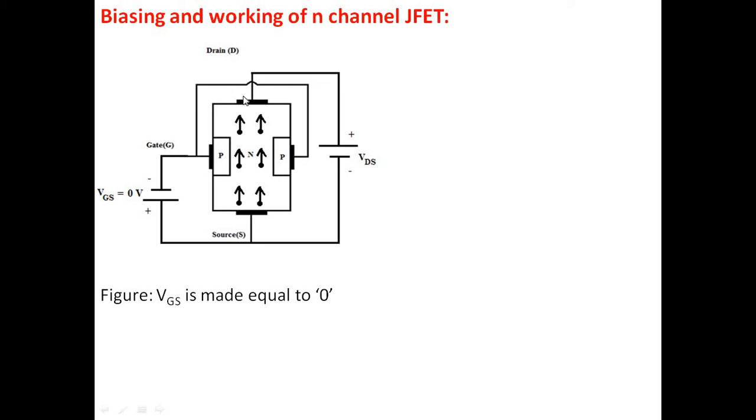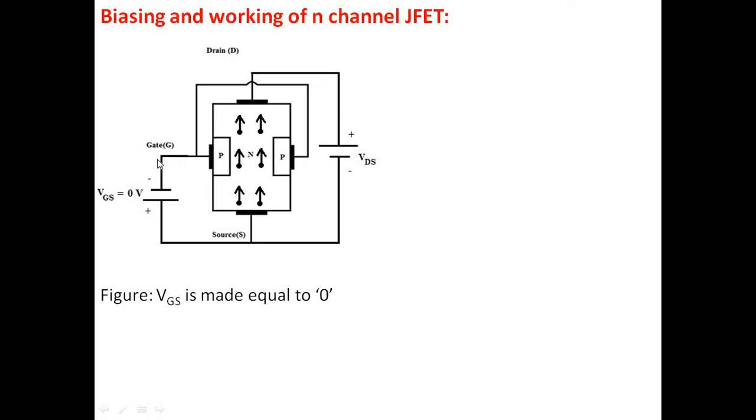If they are to be attracted towards the drain, certainly the drain has to be connected to the positive. Then only the negatively charged electrons will be attracted towards the drain. By default, the other terminal we need to connect to the negative. This is a very simple biasing technique used in the case of the FET.